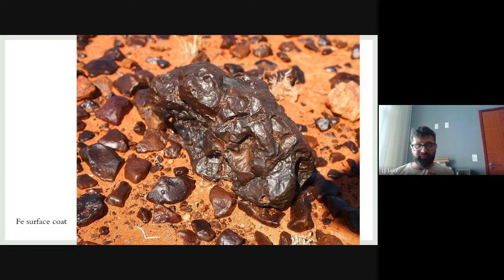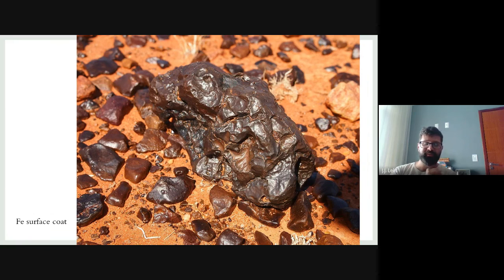And when we see a stone line that presents this iron surface coating, we should relate this stone line to arid or semi-arid climate conditions. Okay, so it tells us a lot about the incipient weathering and incipient leaching, and because of that, we relate this material to a semi-arid or an arid condition.